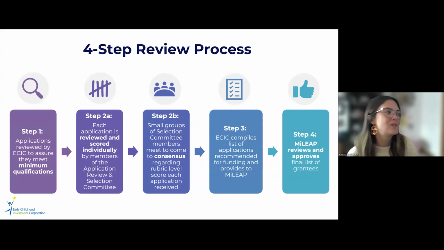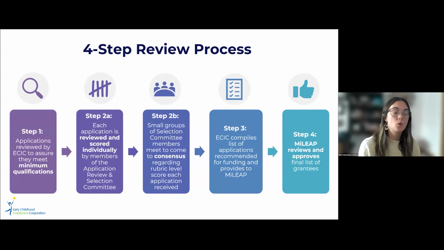We collect a group of individual reviewers, and they are assigned various applications for review, and they will score individually before the next step, which is small group consensus. So those individual reviewers who have reviewed the same applications come together to reach consensus on their scoring. So they talk through each response from each application and the associated score and the rubric, and they all agree. And then a final score is created from that small group consensus review.